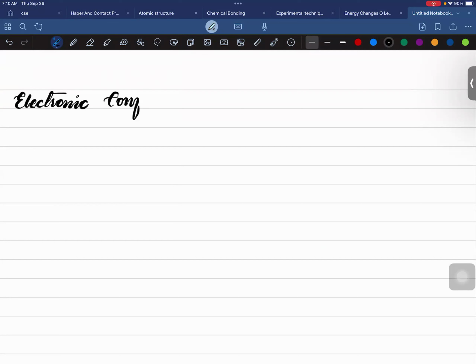But the thing is, how would I know which subshell has lower energy and which subshell has high energy? This is the main information that we need to know, which subshell has the lowest energy and which has the highest energy.